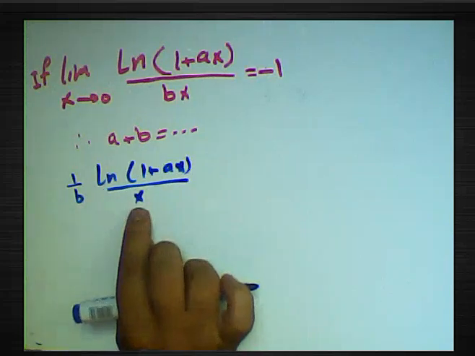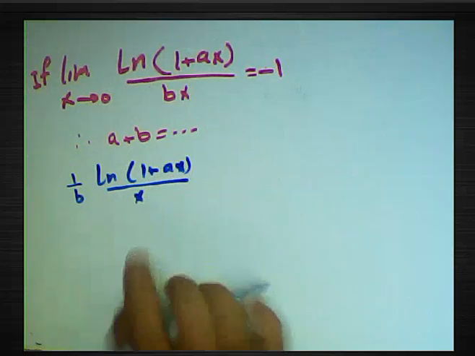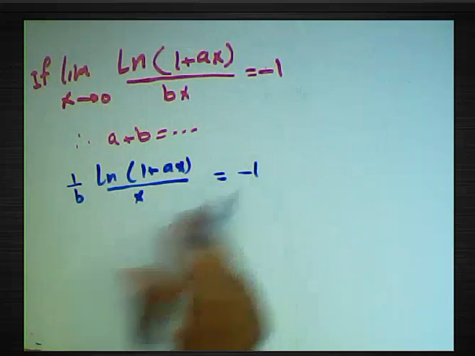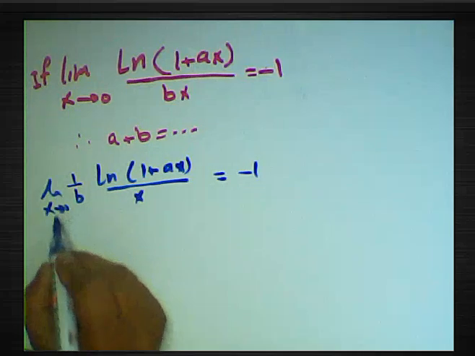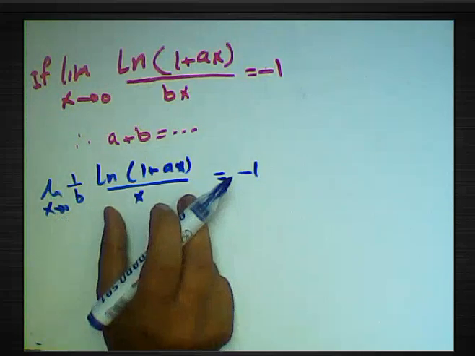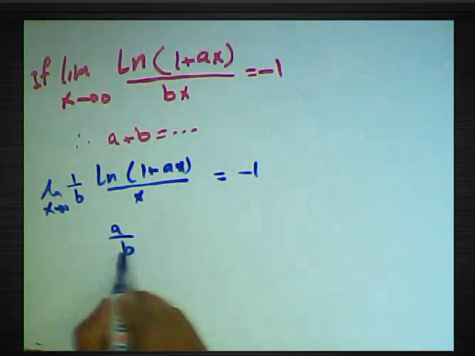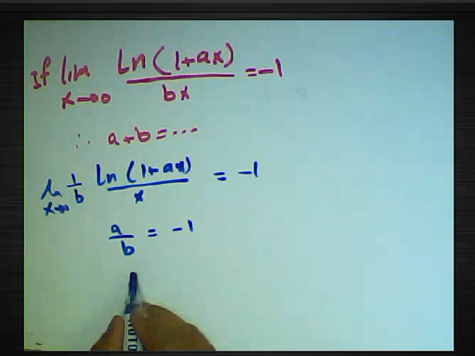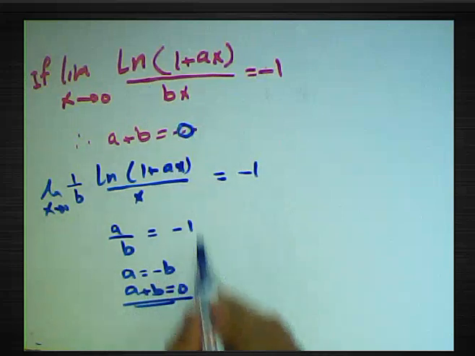Look at here x and here 1 plus ax. It tells us the result will be negative 1. We know the limit of this function when x approaches 0 will be a times 1 over b, it will be a over b. The result will be negative 1. Then a equals negative b, so a plus b equals 0. Understood?